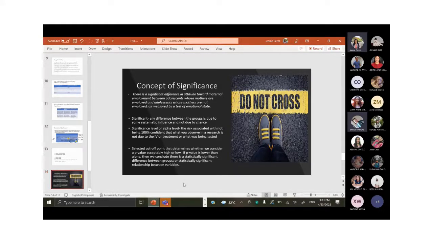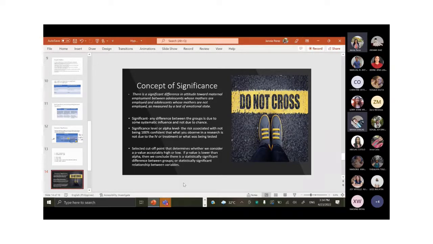So, significance. What is the concept of significance? The significance, or alpha level, is the risk associated with not being 100% confident that what you observe in a research is not due to the IV or treatment or what was being tested. So this is the alpha level.